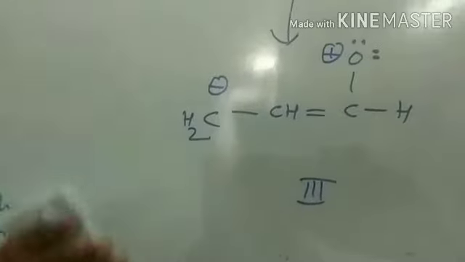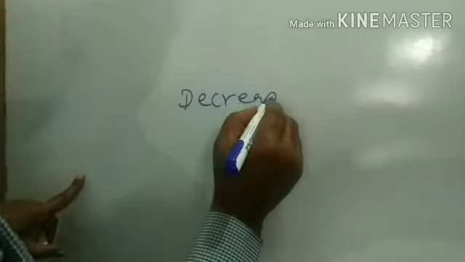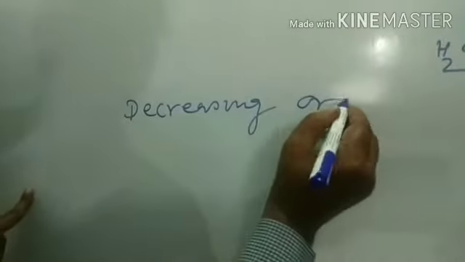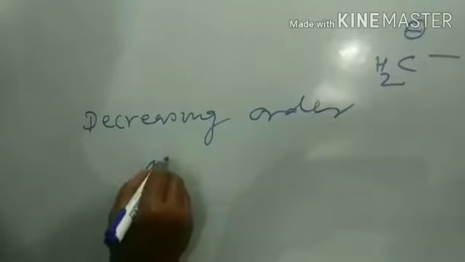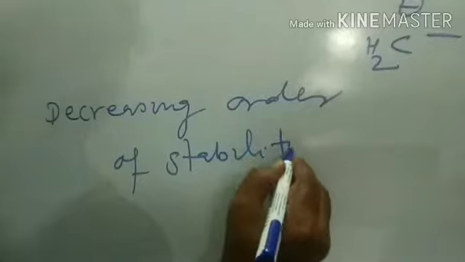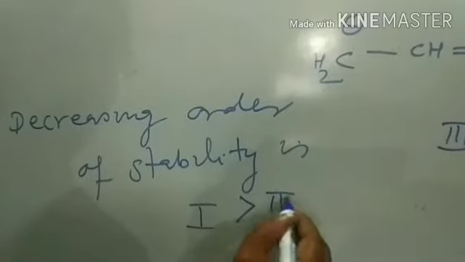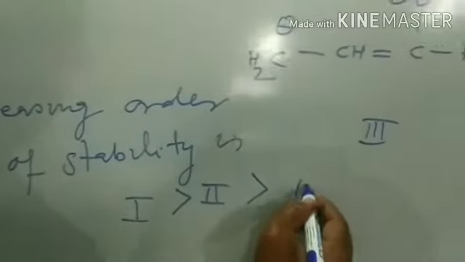The relative stability, in decreasing order of stability, is: first is more stable than second, and second is more stable than third.